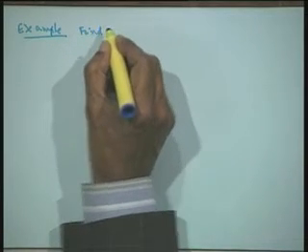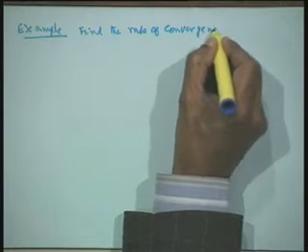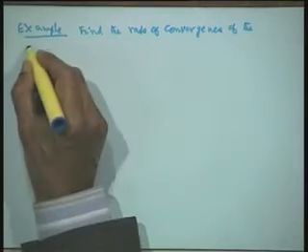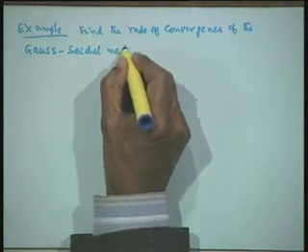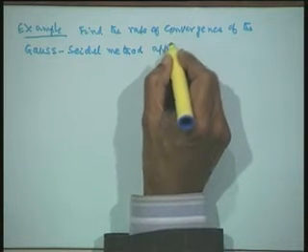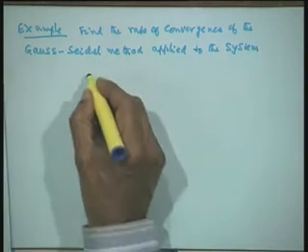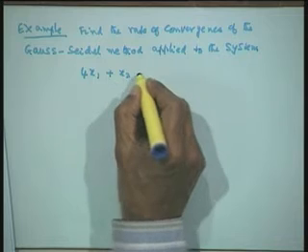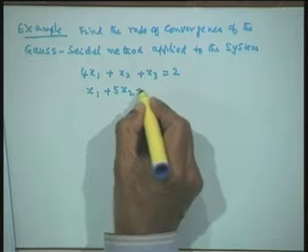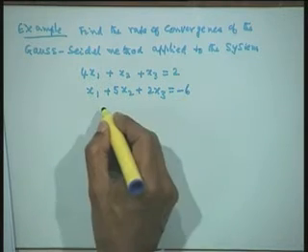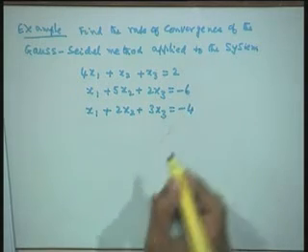Find the rate of convergence of the Gauss-Seidel method applied to the system 4 x 1 plus x 2 plus x 3 is equal to 2, x 1 plus 5 x 2 plus 2 x 3 is minus 6, x 1 plus 2 x 2 plus 3 x 3 is equal to minus 4.